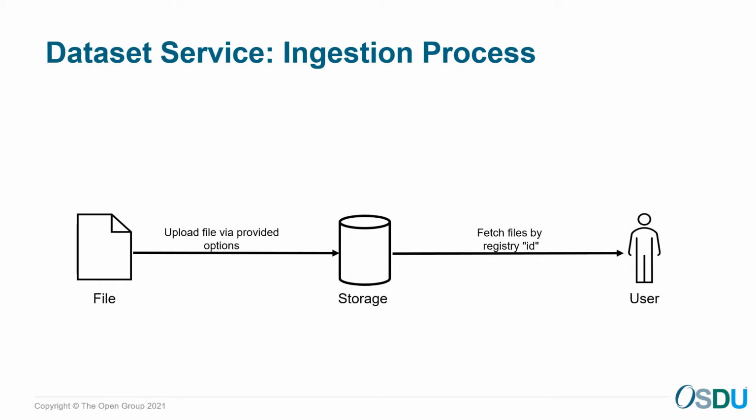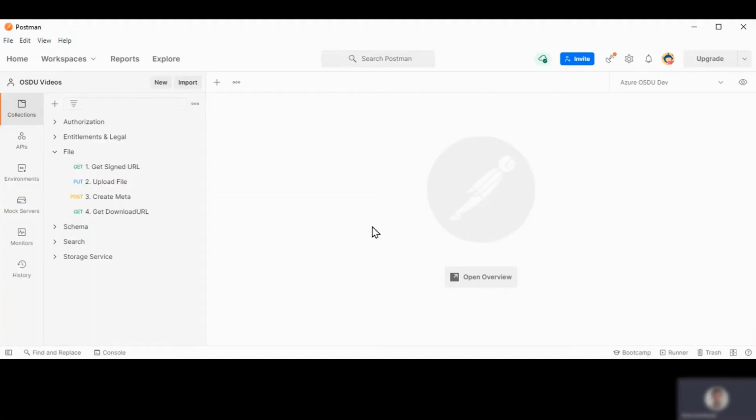It can be signed URL or other options depending on the provider. You must also create a dataset registry which should be linked to specific file collections. After uploading dataset registry request, you can get files via dataset API by providing registry ID as part of the request.